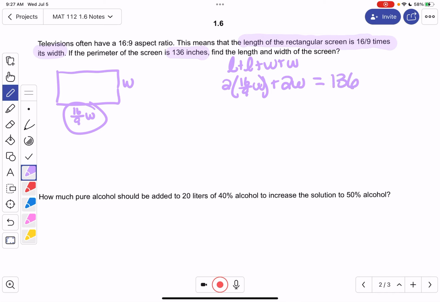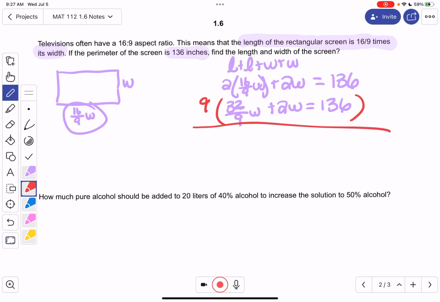So now we can solve. 2 times 16 is 32. So I got rid of the parentheses. Now I'm going to multiply everything by 9 to get rid of the fraction. So 9 times 32/9, the 9s are going to cancel. 9 times 2 is 18.